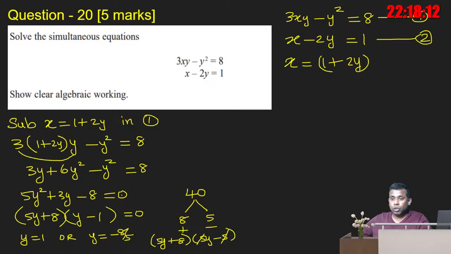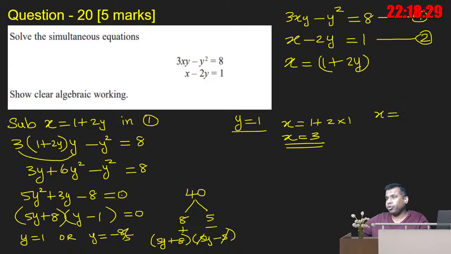Now that is not the end of the question. You need to find out the x. So y equals 1 means x equals 1 plus 2 times 1. So x equals 3. So that is the pair of answers, x equals 3 comma y equals 1. So that is a perfect solution.